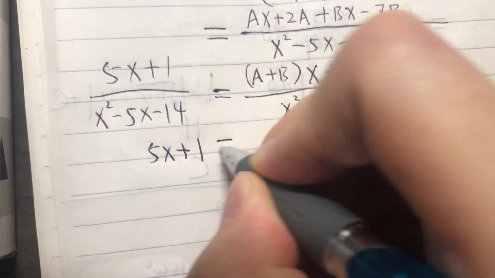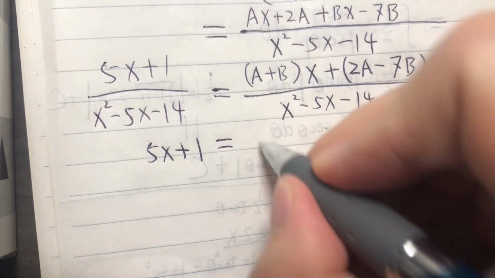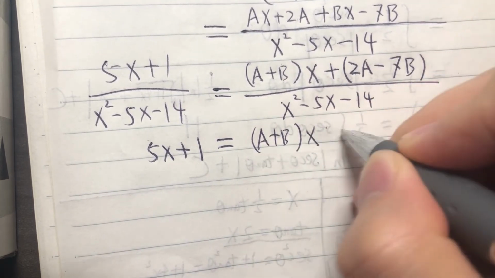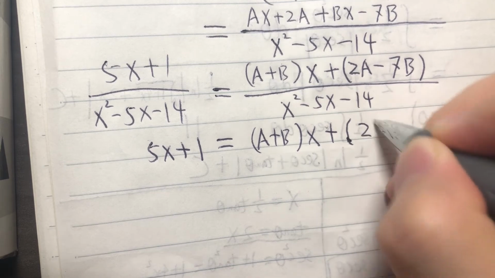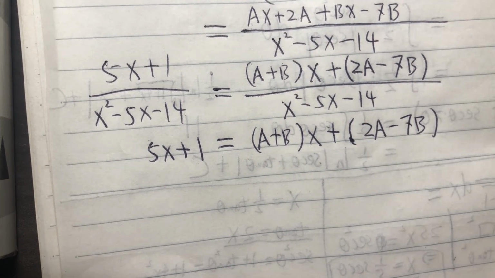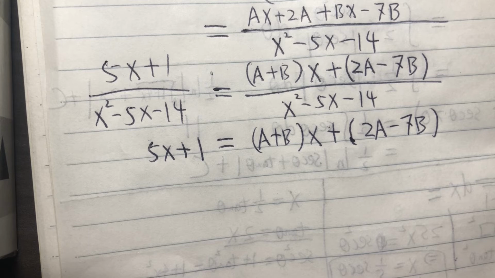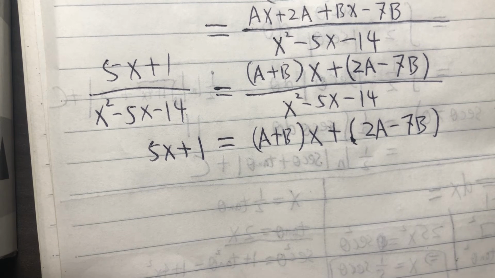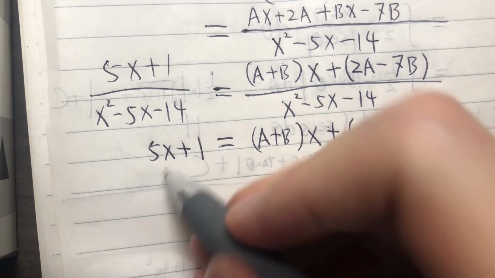So 5x plus 1 should equal a plus b times x plus 2a minus 7b. We compare the coefficients of the linear term and constant term.